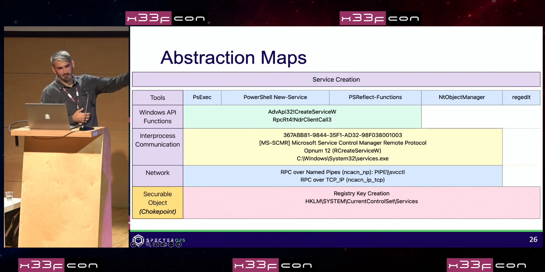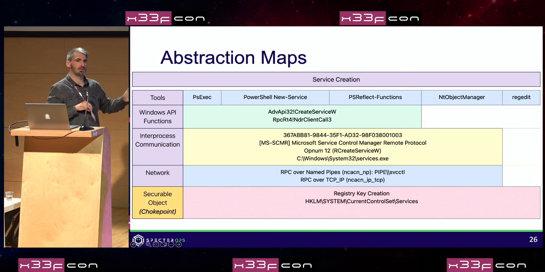If you're wondering, regedit is basically a stand-in for any tool that decides to jump straight down to the securable object layer and just create the registry key and the relevant values that represent a service on the Windows operating system. But what's interesting here, and is not noted, is that a lot of the logging, the Windows Event Security logs that people use to know when a service is created, actually happens in this RPC procedure that's here on the inter-process communication layer of this abstraction map.